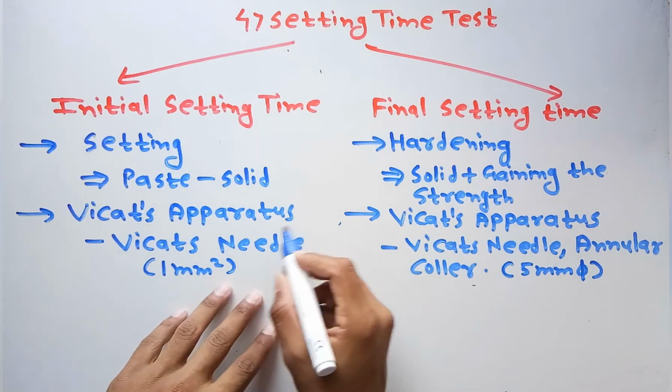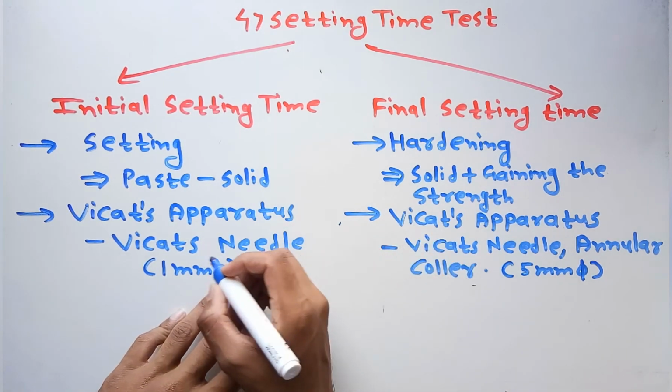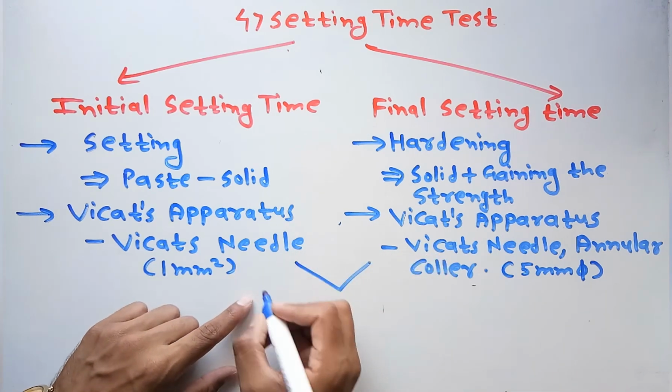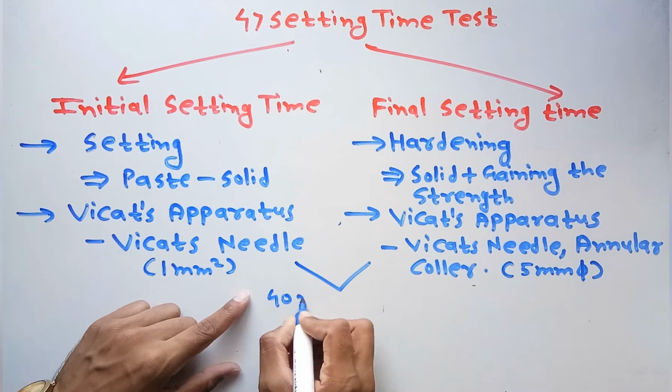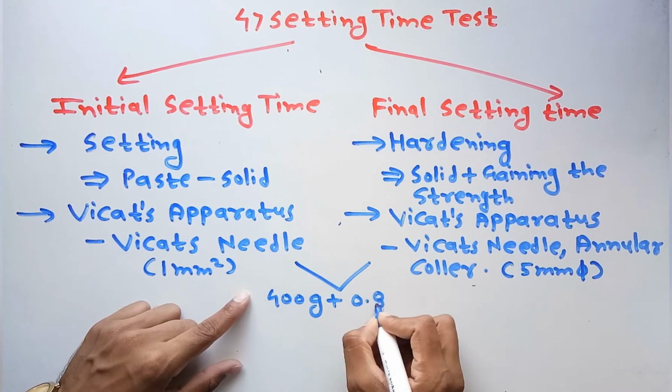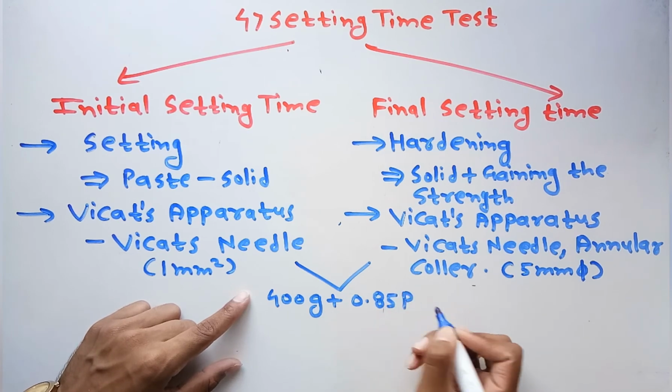To perform both of the tests, the material used is the same, that is the paste, which is made up of 400 grams of cement, and in addition to that 0.85% of the consistency water is added.